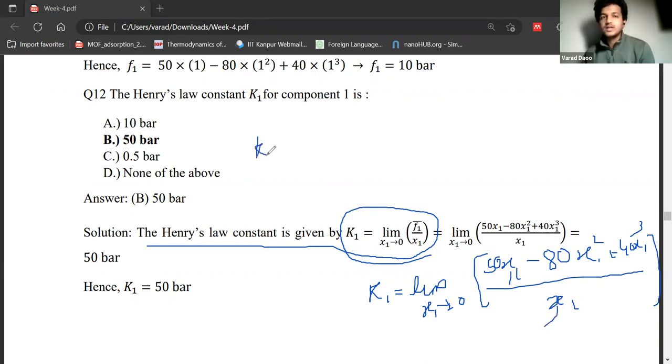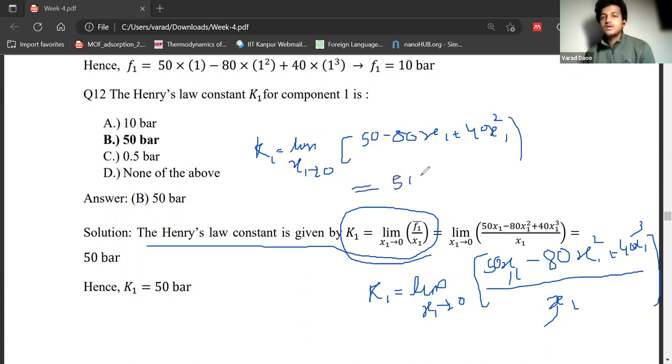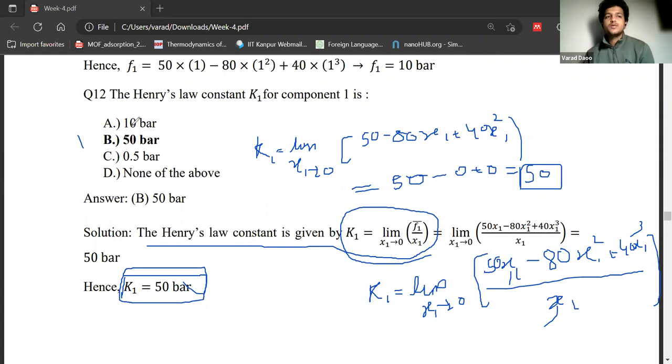We get k1 equals the limit as x1 tends to 0 of 50 minus 80x1 plus 40x1 square. Putting x1 equal to 0, we get 50 minus 0 plus 0, which is 50 bar, option B.